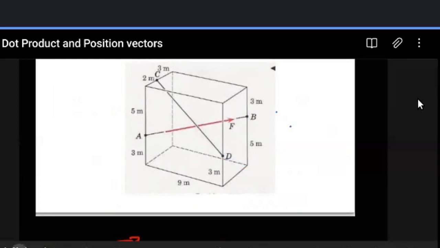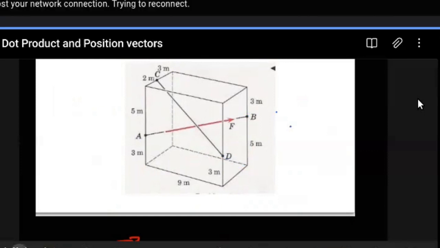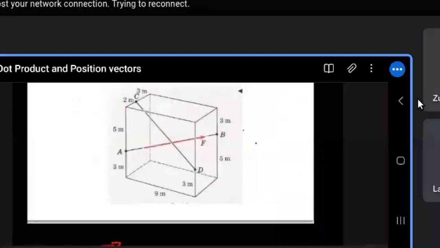Then in the Y, you have to move like this up to here. That's 9. So it's 2i, 9j. Let's make sure that's the one.